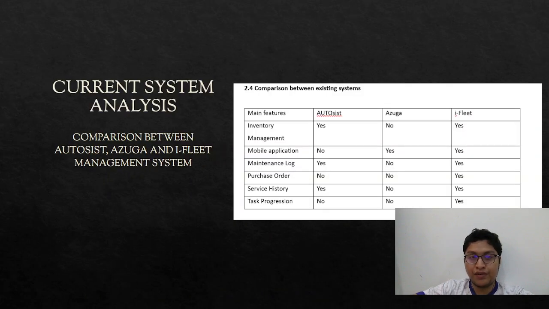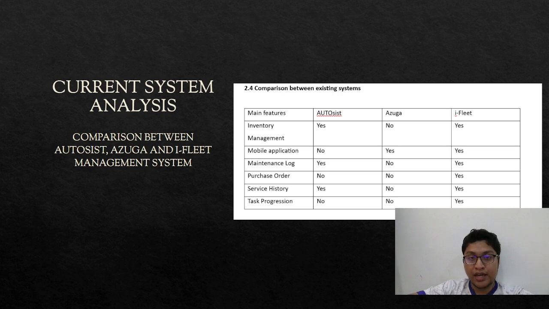So now to the literature review. So currently there are a few systems that exist. Two of the ones that stood out to me were Autosys and Azuga. So I made a comparison between Autosys, Azuga, and iFleet management system.